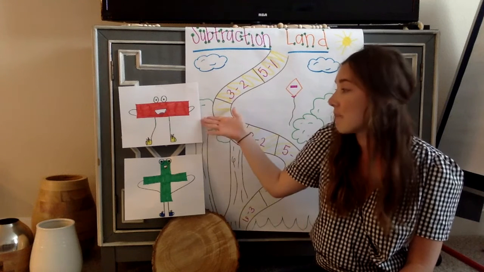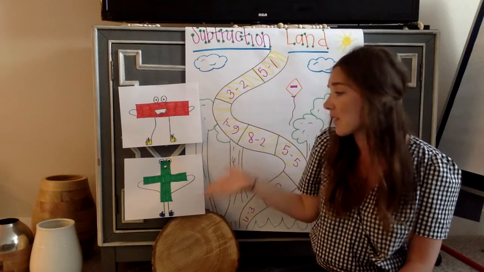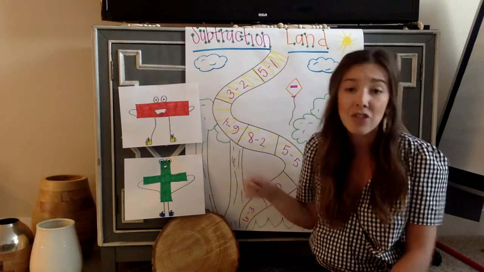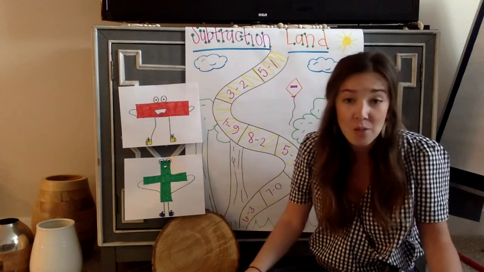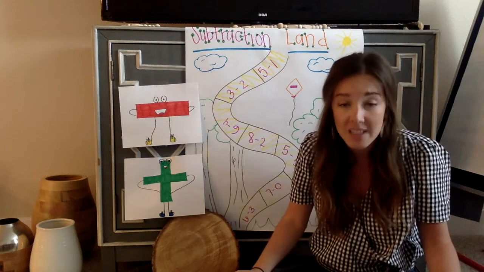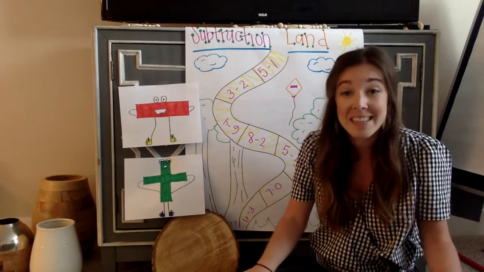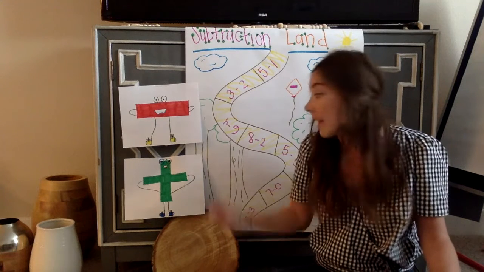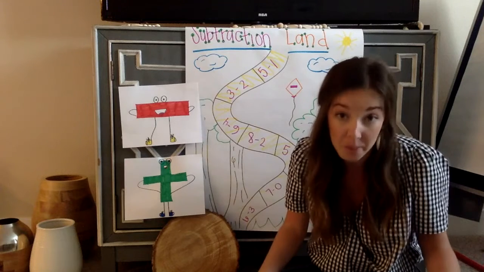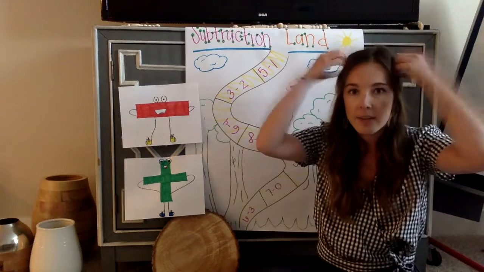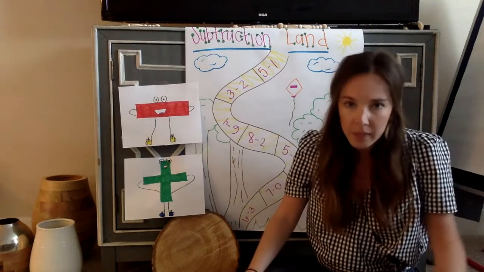Linus the minus sign is best friends with Gus, the plus sign. And they actually work really well together and go together in everything you do in math. And today I want to teach you how we can use counting on and addition to actually work through a subtraction problem. I know, my mind is going like this. Can you believe it?